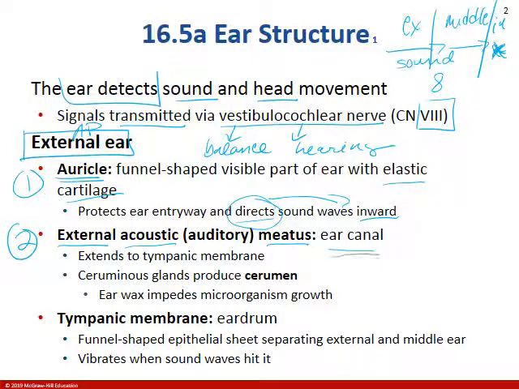This is your ear canal. This is where we're producing cerumen or earwax. You can also call it the external auditory meatus. Either term is fine. And then we have the tympanic membrane. This is your eardrum. Between the external and the middle ear, we're going to have our tympanic membrane. It's the separation point.